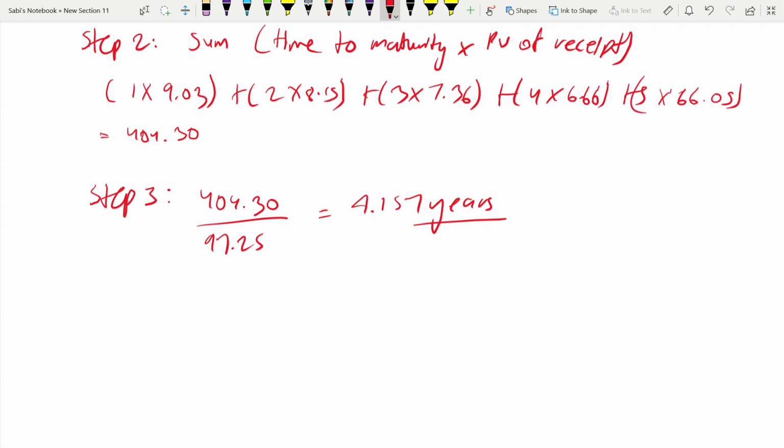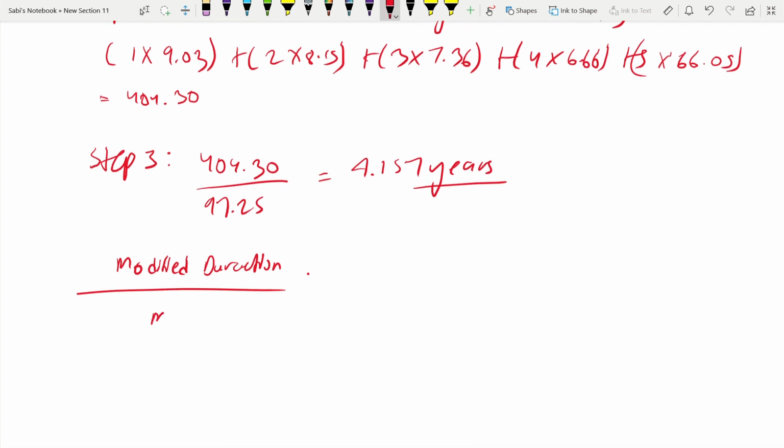Now, that is about Macaulay's duration. What about modified duration? This comes after Macaulay's duration. It is simply Macaulay's duration divided by 1 plus the discount rate.